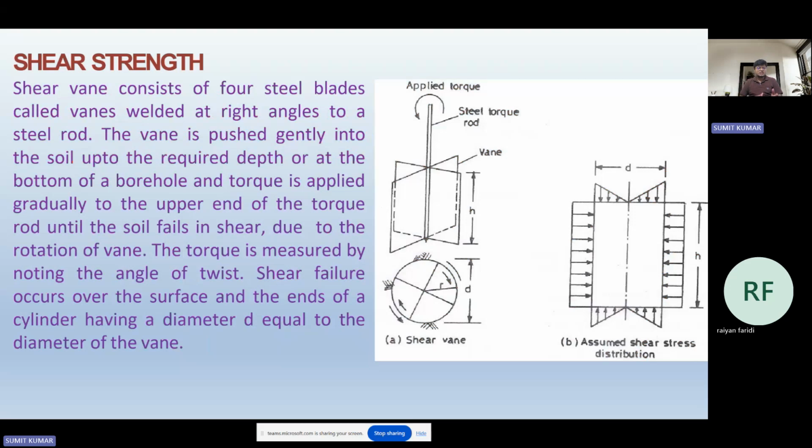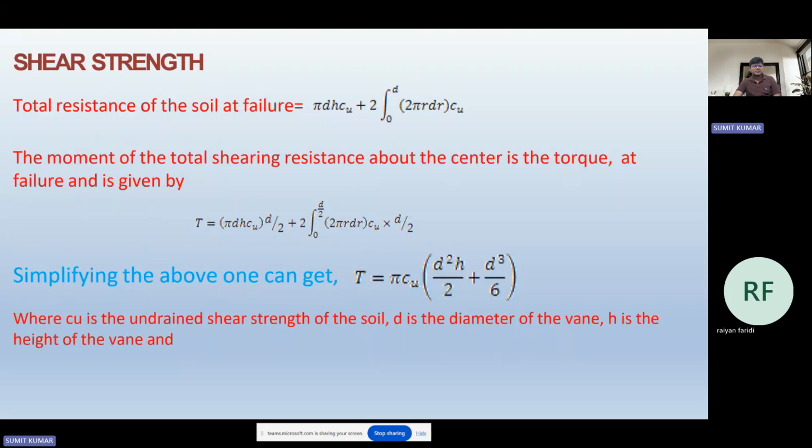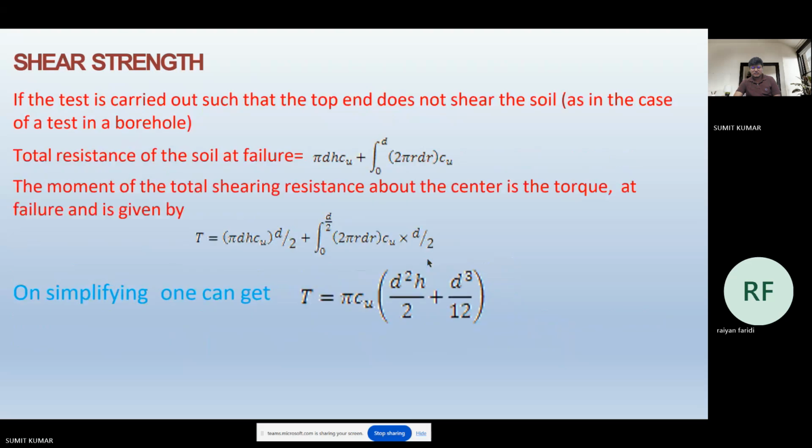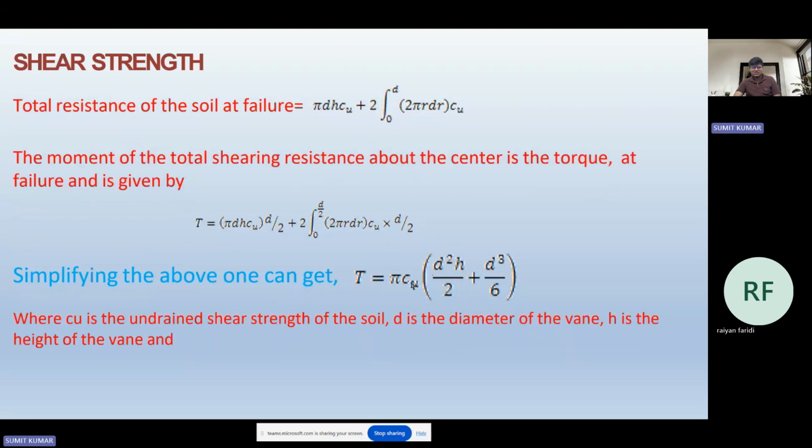Due to rotation of the vane, the torque is measured by noting the angle of twist, and the shear failure occurs over the surface and the ends of a cylinder having diameter D equal to the diameter of the vane. Some derivation is mentioned over here, but the final equation is T equal to pi times c_u times D squared into H by 2 plus D cubed by 6, for shearing at one side.